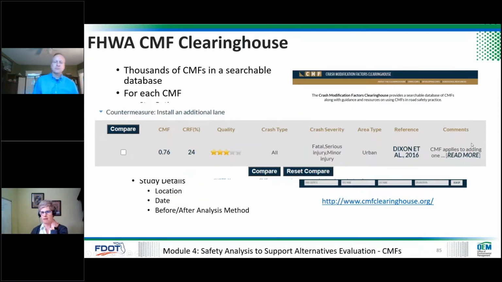Your job is not done. Keep going and dig into it a little bit more to select. And Rob will talk about this in a moment, but I'm making it look easy. Often when you go in there and you type in a treatment, you get 10, 12 CMFs per treatment. So there's a lot of work to be done here.